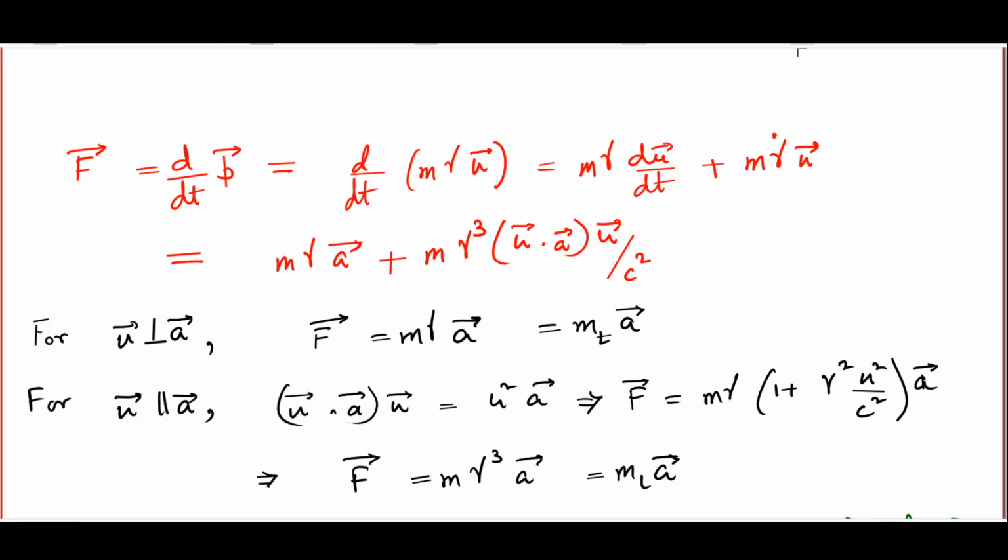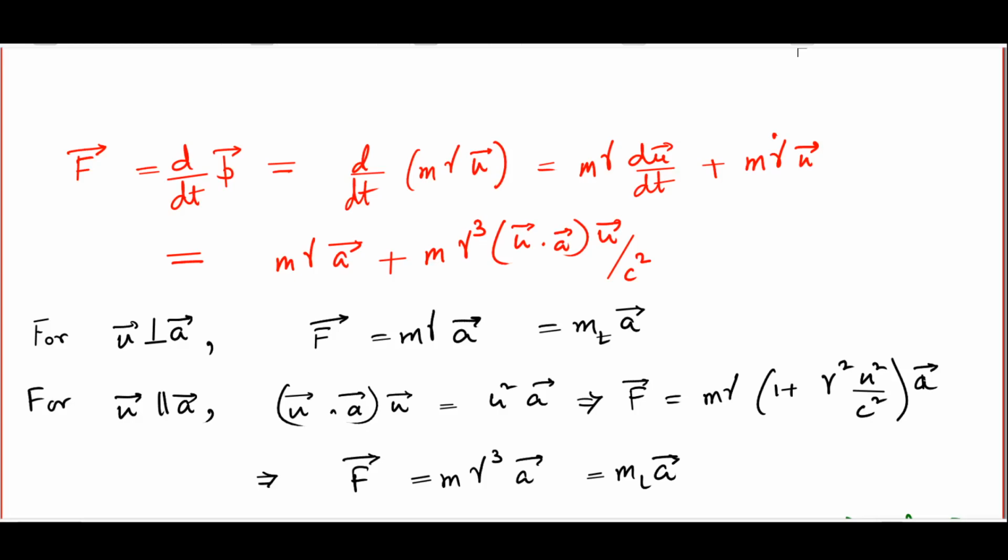This is called, for obvious reasons, the transverse case. And there is a very simple situation where you get this. For example, when a particle is moving in a circle, its acceleration is along the radius, is centripetal, and the velocity is along the tangent of the circle, so the two are definitely perpendicular to each other. So in such a case, the second term in the expression above drops out, u dot a being 0, and F simply becomes m gamma a.